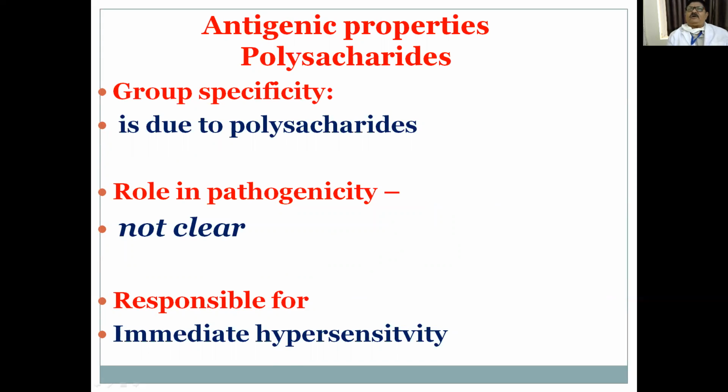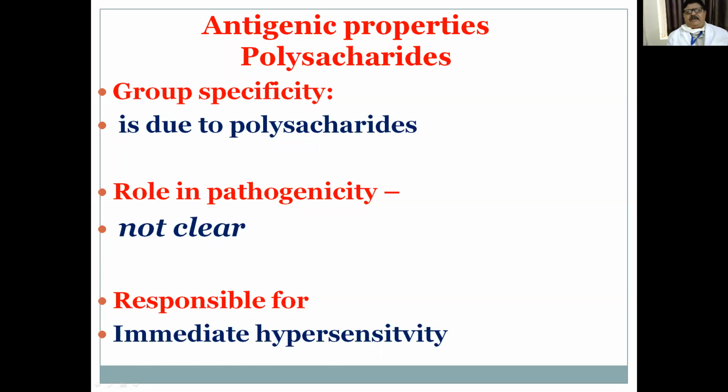Remember, we talked about polysaccharides in gram-positive organisms, pneumococci. Here again, the group specificity, that is Mycobacterium, which group and all, that specificity is because of polysaccharides. Again, role in pathogenicity is not very clear. So please remember, it is only lipids, the mycolic acid, that is very important.